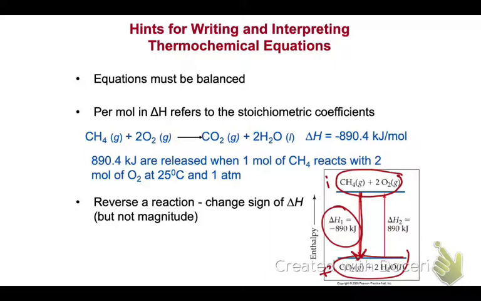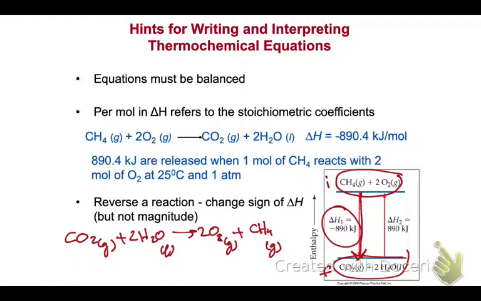But if I go the reverse, let me write this down for you for a second here, which means if I go carbon dioxide reacting with 2 water to give me 2 oxygen gas and methane gas, right? Now delta H will be 890 positive, because now in the reverse direction, this is my initial and this is my final, and final minus initial in this case is the opposite sign.